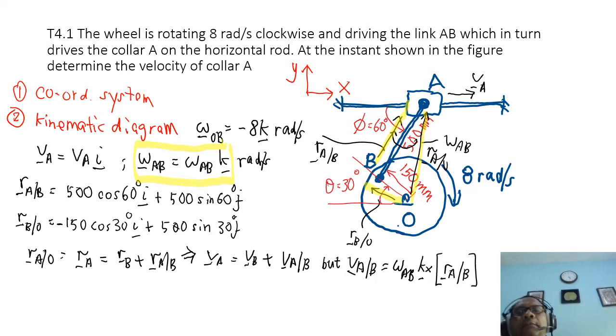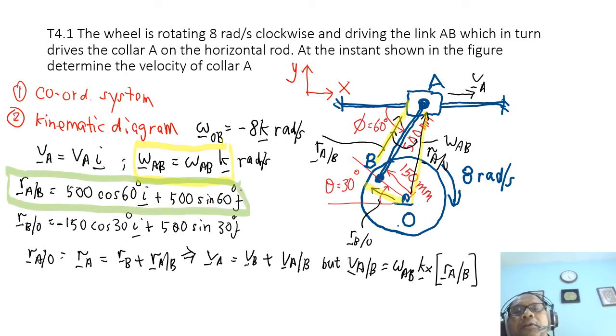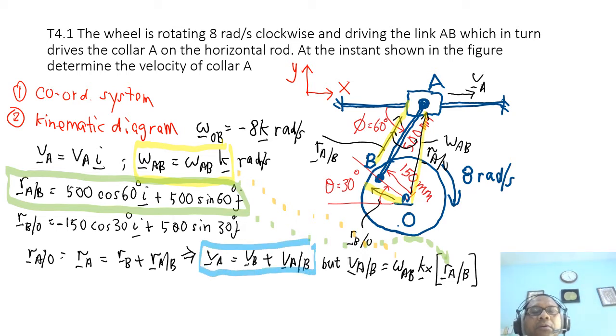So that is the value here. A relative to B is here. And we can now substitute all the values. I'm going to rewrite that again.